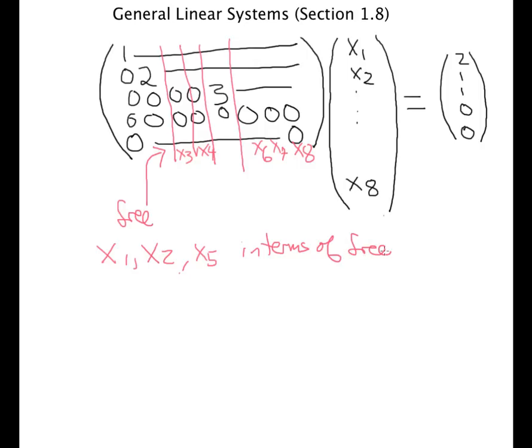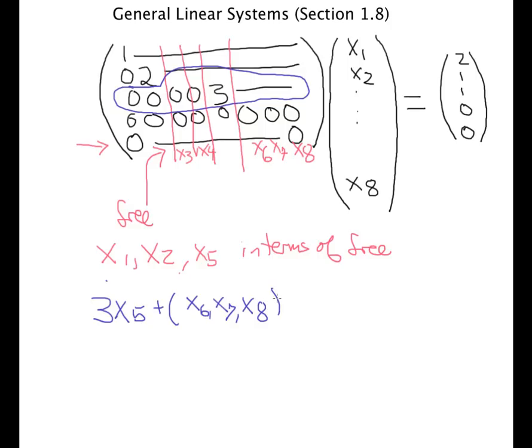So, for example, when you look at this last row here, you get 0 times 0 is equal to 0. That's why I put a 0 there. And similarly, the second one is 0 times 0 is equal to 0. And then when you look at this row right here, you get something of the form 3x5 plus something involving x6, x7, and x8 is equal to 1.